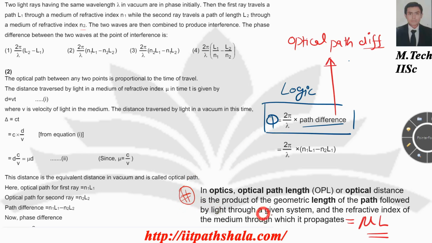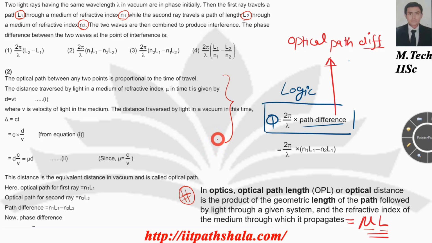You have to remember that. So it is nothing but mu into L. For my first one, it is N1 into L1, and for the second case it is N2 into L2.